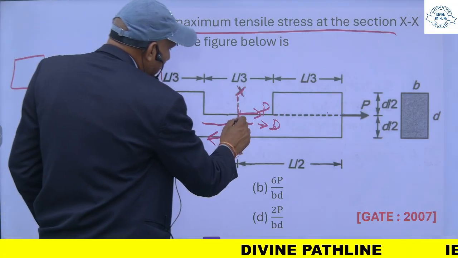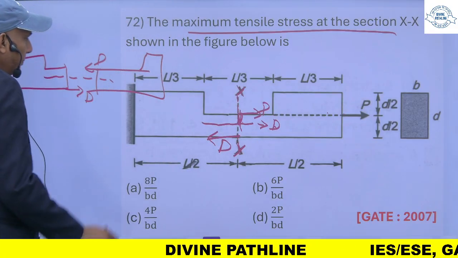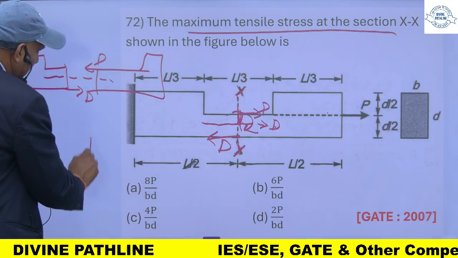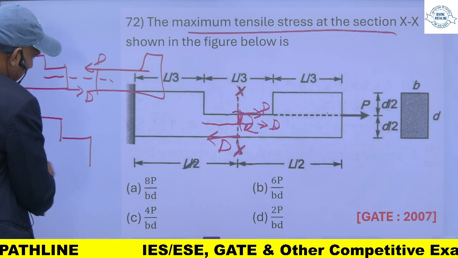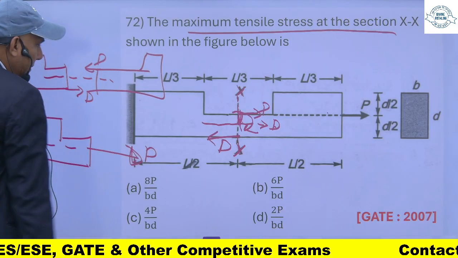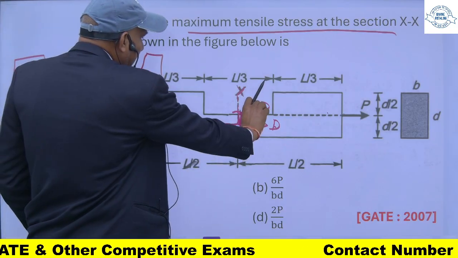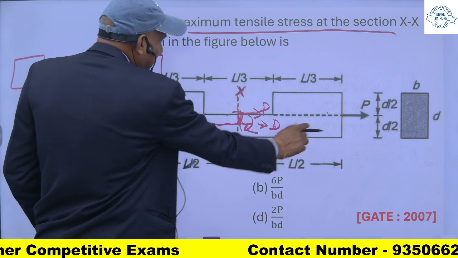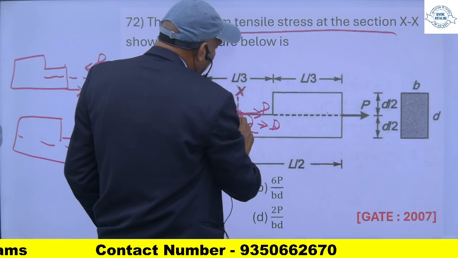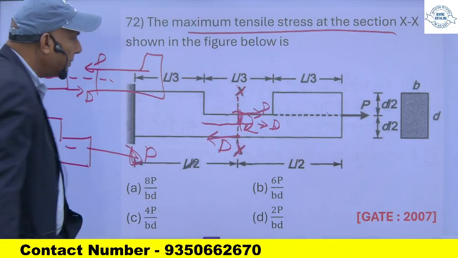into this distance. So P into this will create a moment. If I apply this P and this moment P into d, this is half of this; half of D by 2 will be D by 4.